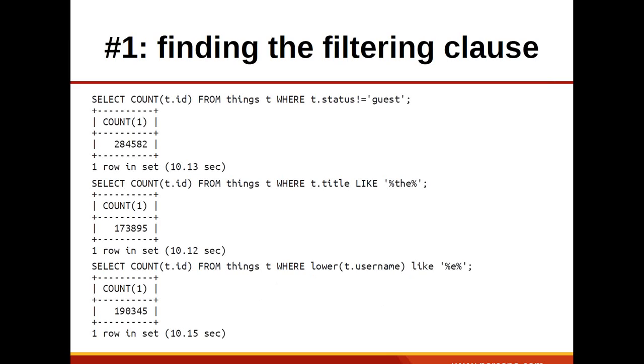So far, even if these could be indexed, it wouldn't help, because there are roughly 300,000 records in the table. We can see the last two are typical bad query patterns, like an infix match in a string and an infix match in a function of a string column, a text column or a varchar column. Even if we could index that efficiently, it wouldn't help. Why? Because it matches so many records.